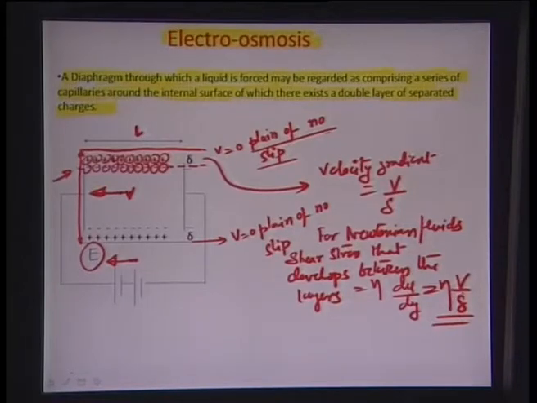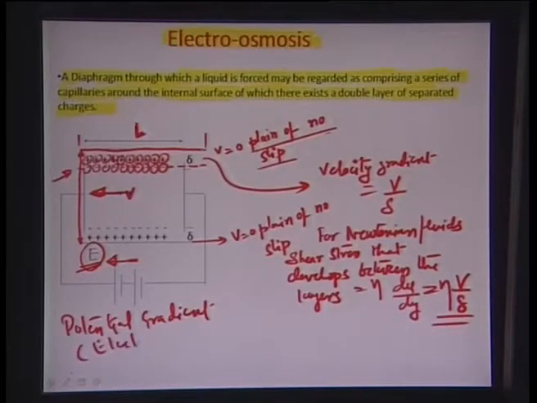Okay. So, let us assume also a potential gradient. If the length here is L and you have applied a voltage between these 2 points, same as the voltage given by the batteries here as E, then the potential gradient, which is also the electric field, is E by L. E is the EMF.